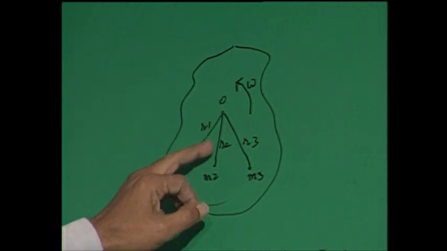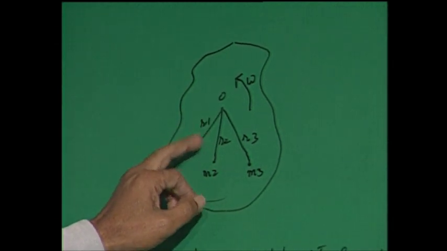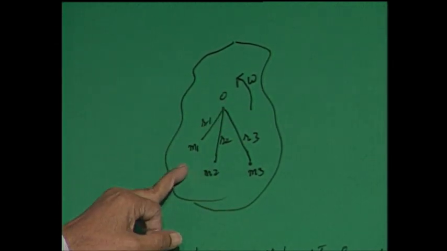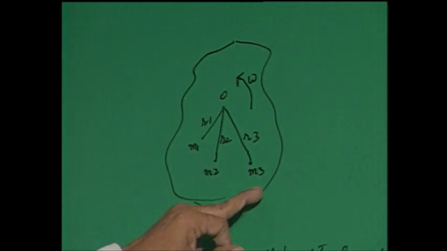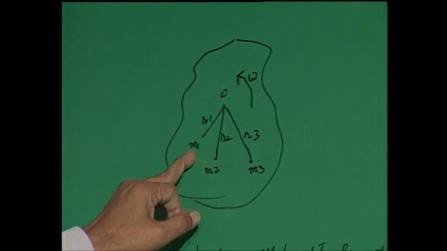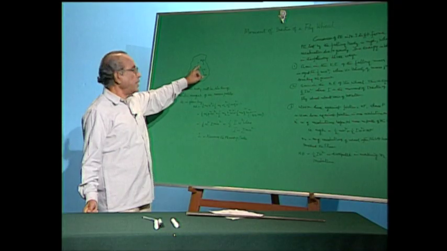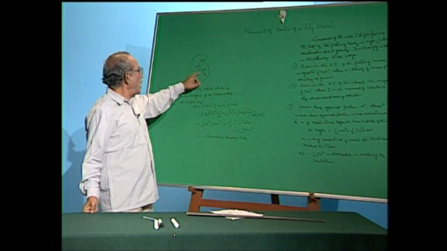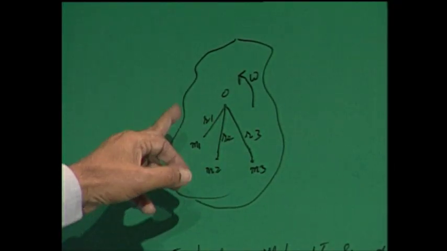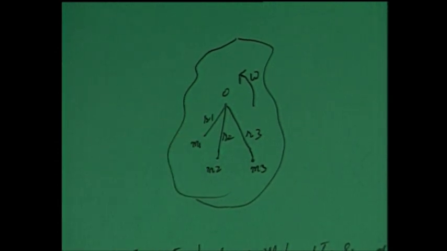We take the body to be constituted of several mass particles m1, m2, m3 at distances r1, r2, r3 etc. from the axis of rotation, that is O.